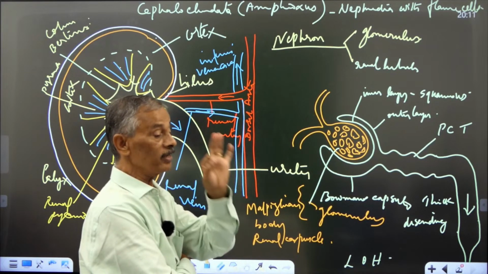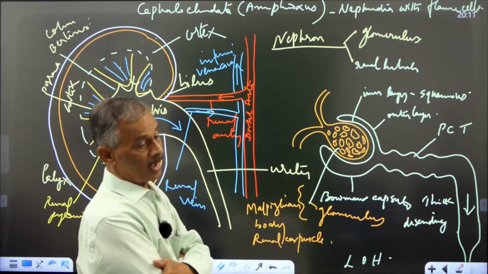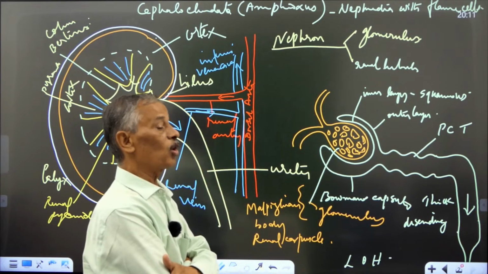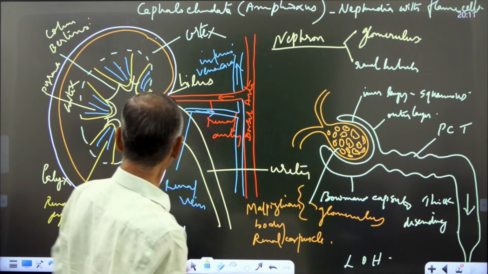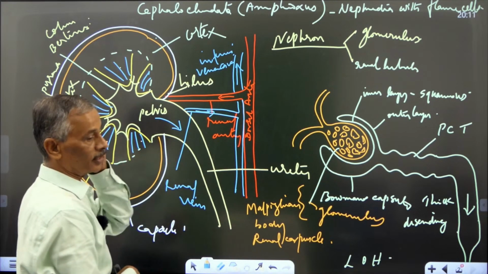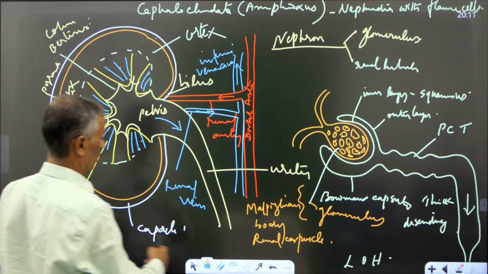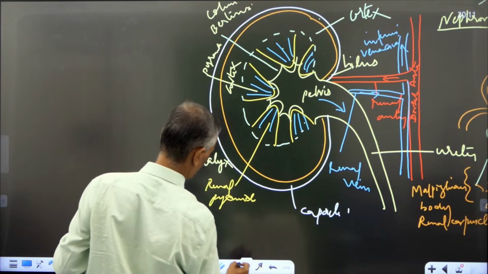That is called cardiac output. It is almost 5 liters per minute. 1/5 of that is about 1 liter. So each kidney receives about 1100 to 1200 ml of blood per minute.